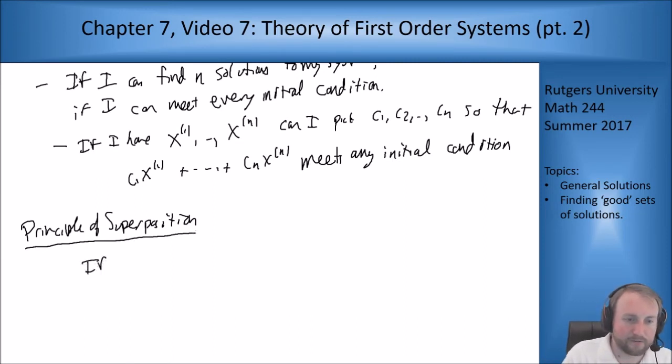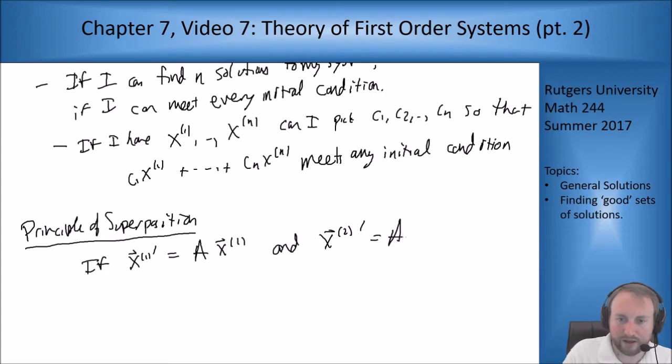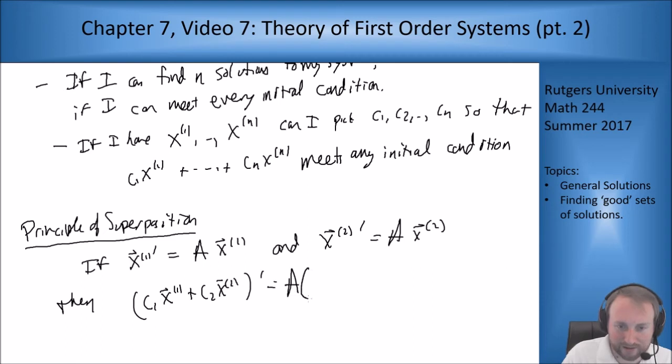So if x^1 prime equals A times x^1 and x^2 prime equals A times x^2, then the derivative of c1 x^1 plus c2 x^2 equals A times c1 x^1 plus c2 x^2.